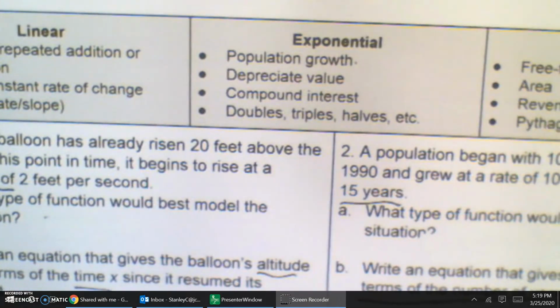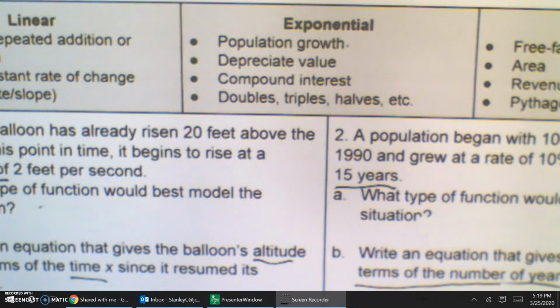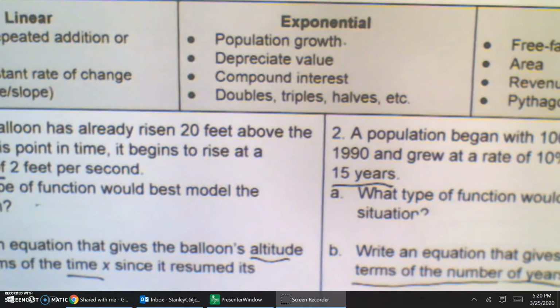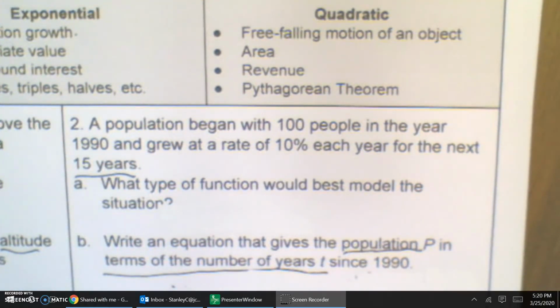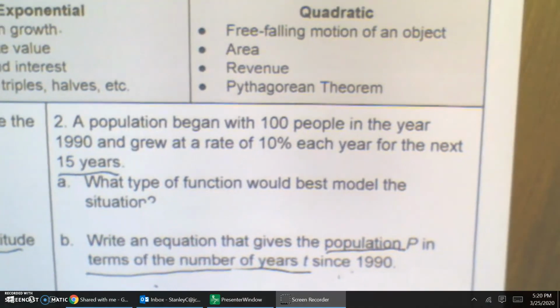To be exponential: population growth, depreciated values, compounding interest, key words like doubling, tripling, halves. Things that would represent quadratic form: free-falling motion of an object, area, revenue, Pythagorean theorem. So you can refer back to these as we go through the scenarios.